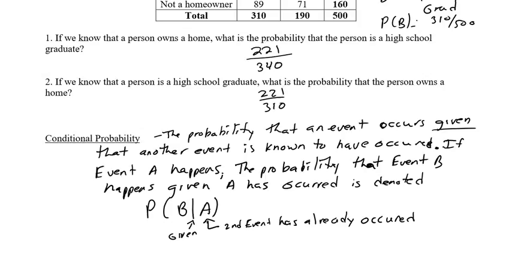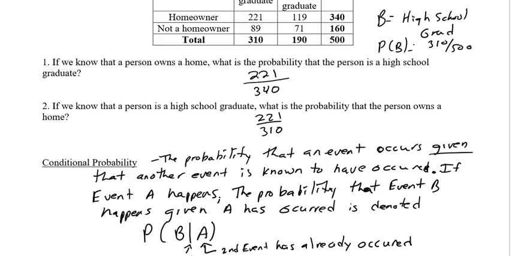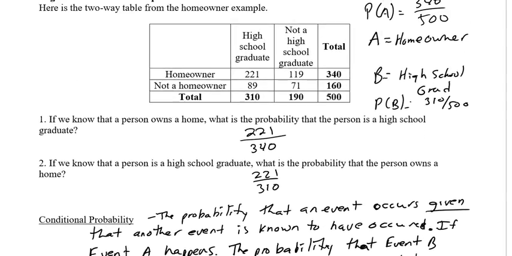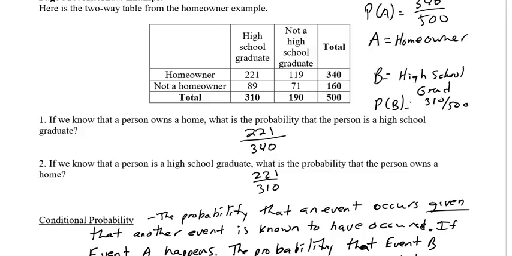Well, we did that already when we look back up here at what we have. So we have our two events, and we did the case where we know the person owns a home, so that's the one that's already occurred.